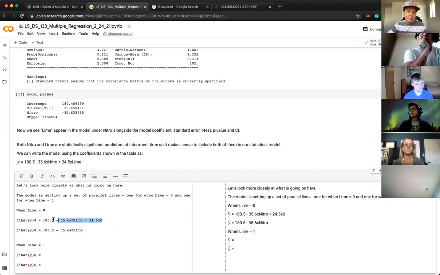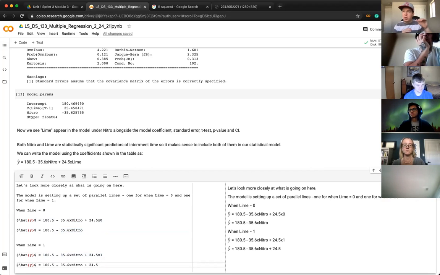Well, then if lime equals 1, this will be 24.5 times 1. So essentially plus 24.5, right? And we'll have a different line that is 24.5 units higher, right? So we're just taking that line and we're shifting it upwards by 24.5 units.